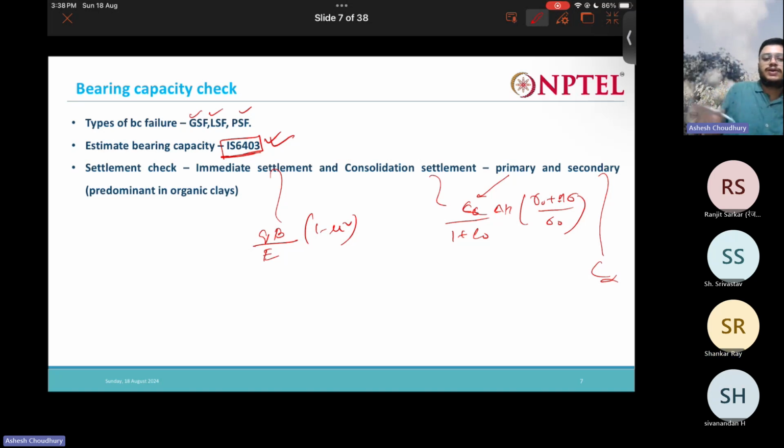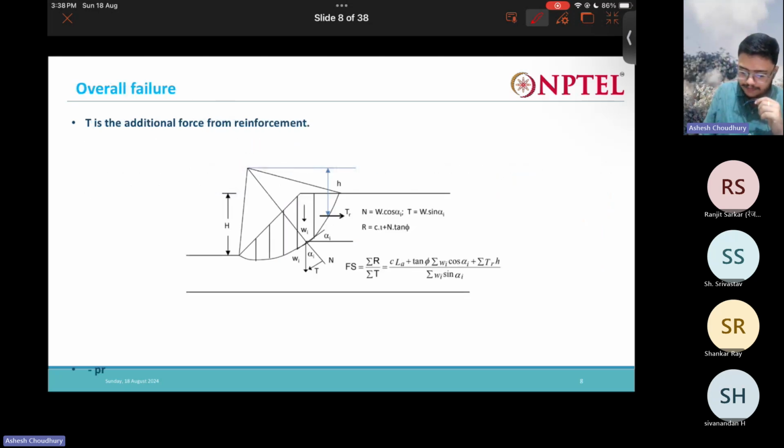So we can calculate the settlement of the soil, and check what pressure corresponds to the permissible settlement. We won't get much into it. We will solve some basic problems towards the end of today's class on bearing capacity. Let us not go into detail.